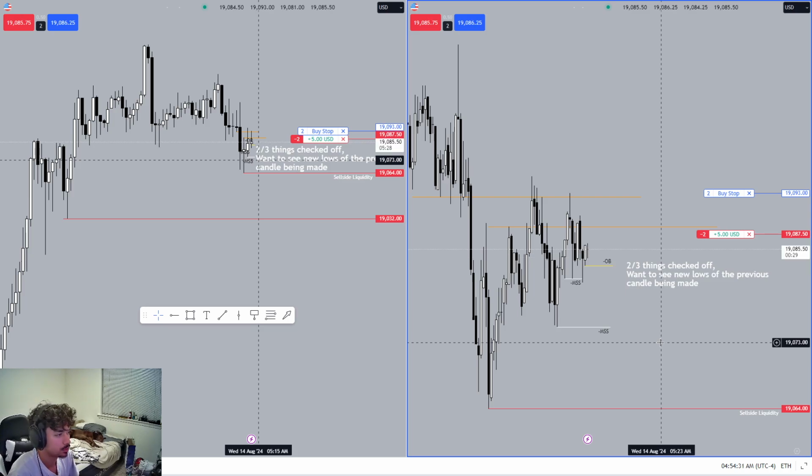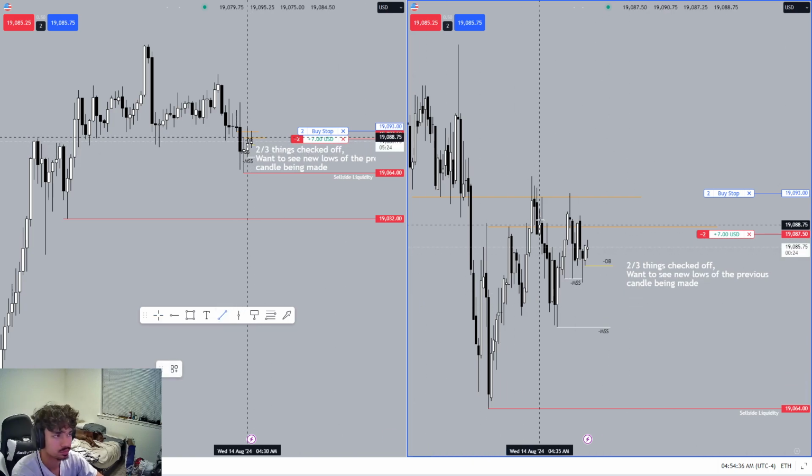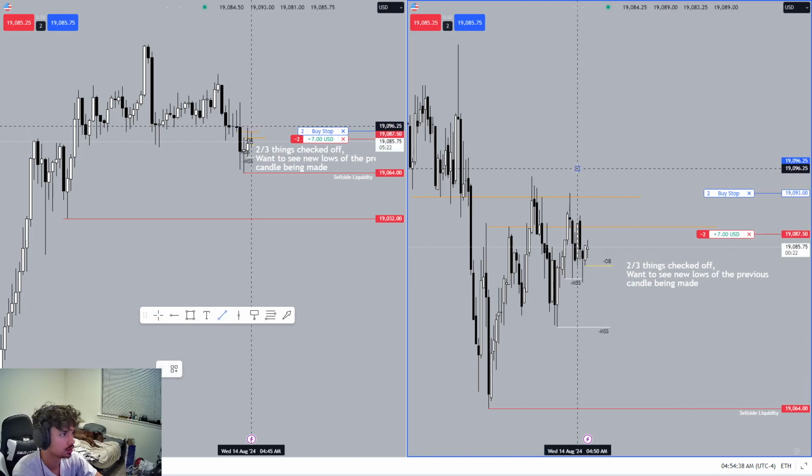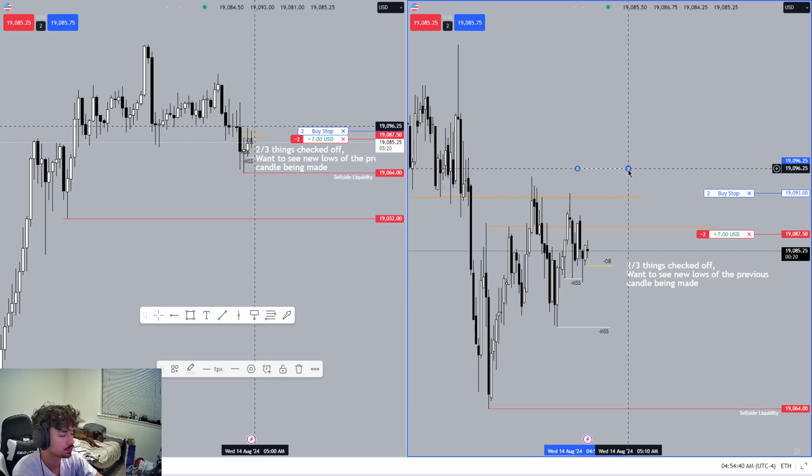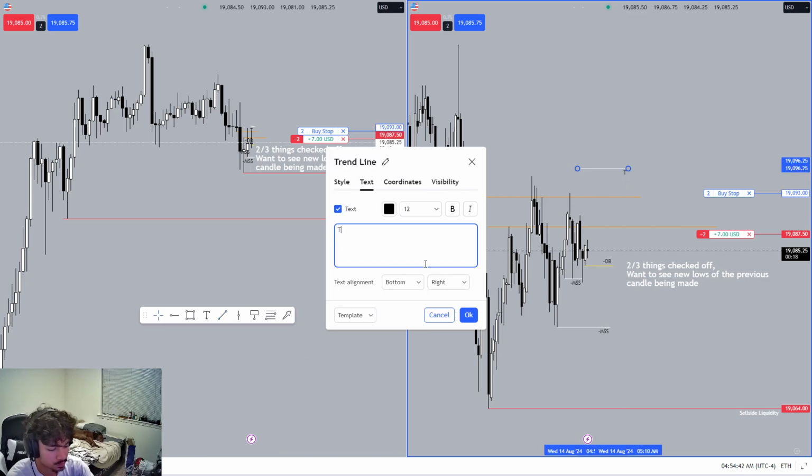Key time of the day that we're trading at, it's 450 to 510. So this is a little time macro. Let's just annotate it, not be lazy.